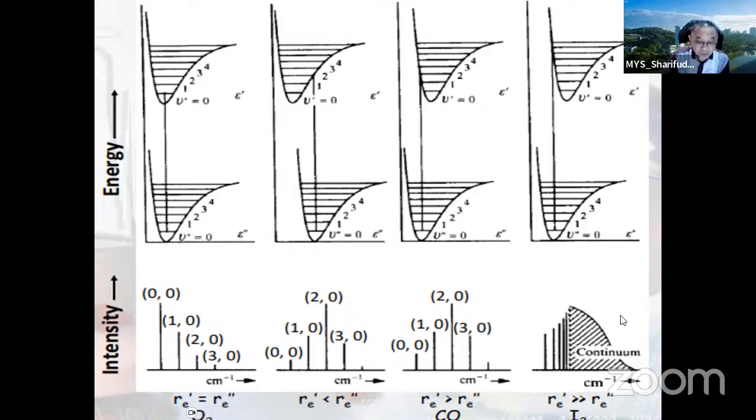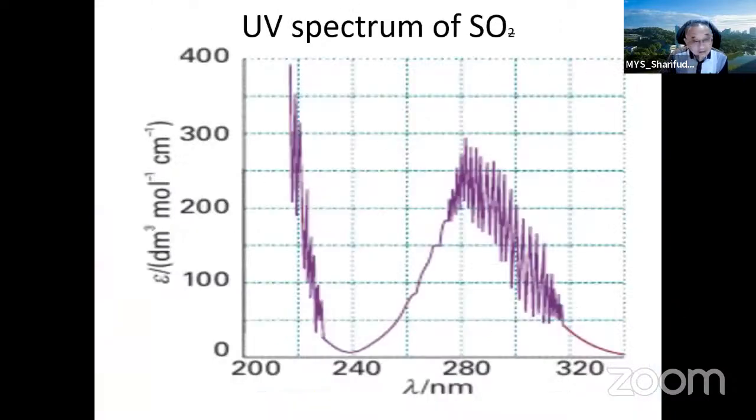So for each diatomic molecule, you can see the progression. You can calculate the excited electronic structure, and you can tell whether the molecule has Re which is lower or higher in the ground state compared to the excited state. One example is this one. Can you see there?